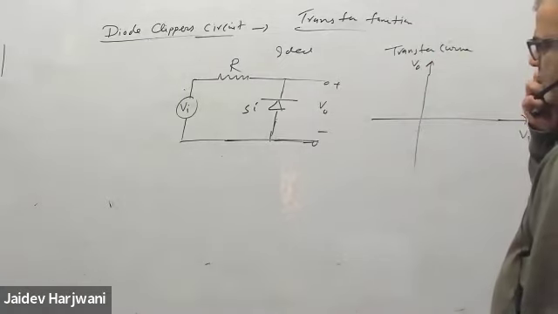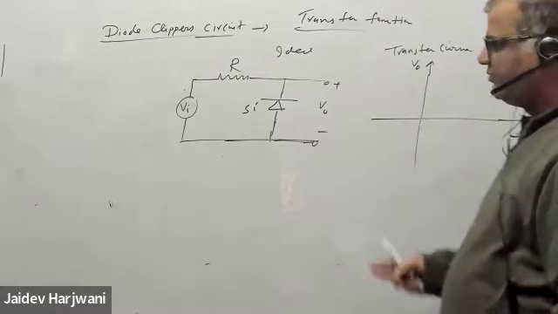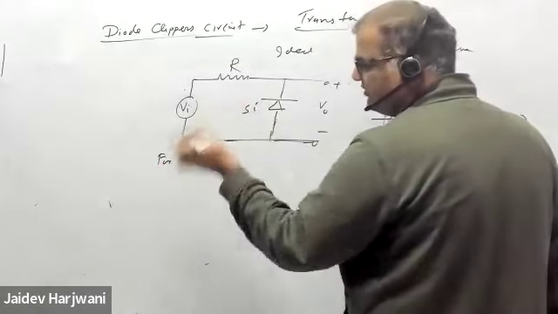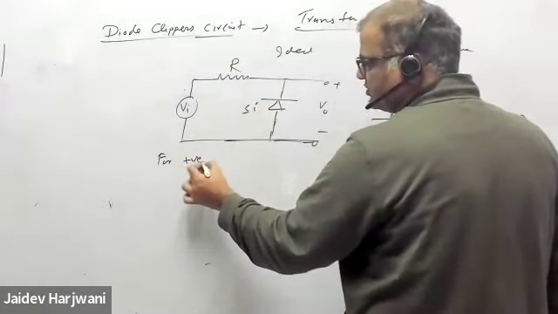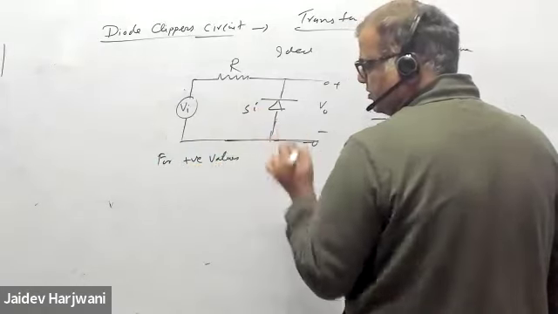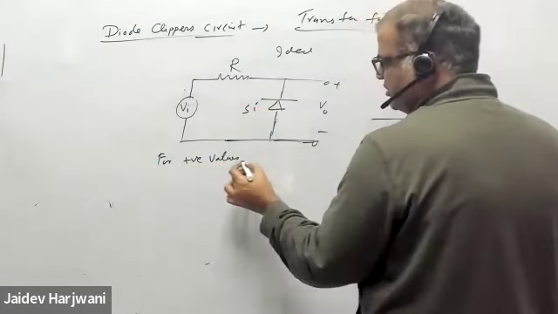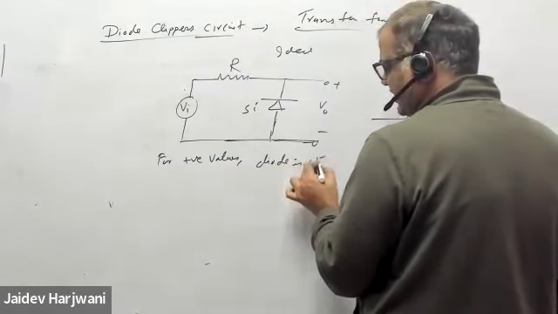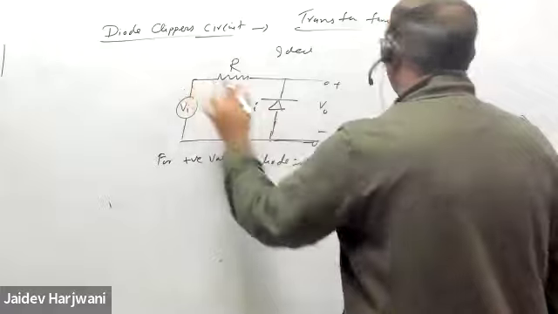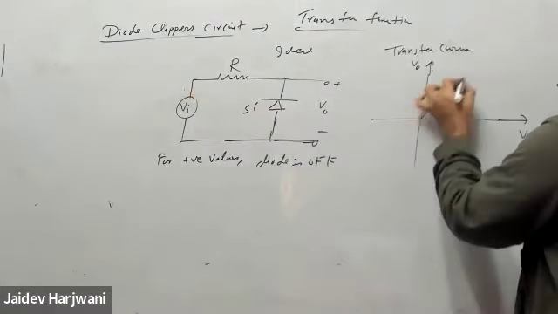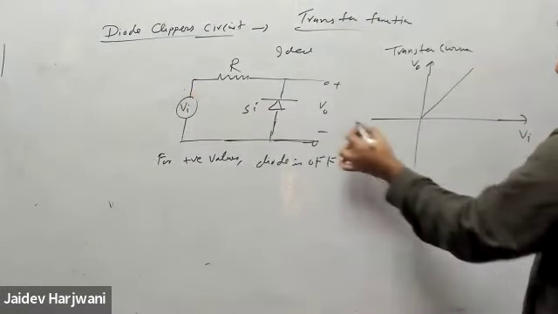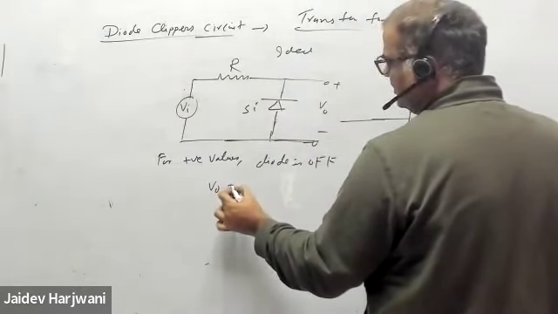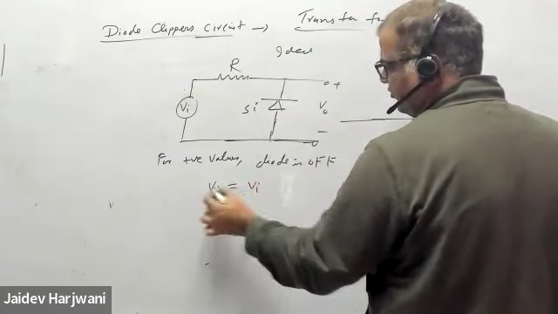For positive values of the sine wave, the diode is always off, and when it is off, that means your V output is equal to V input.